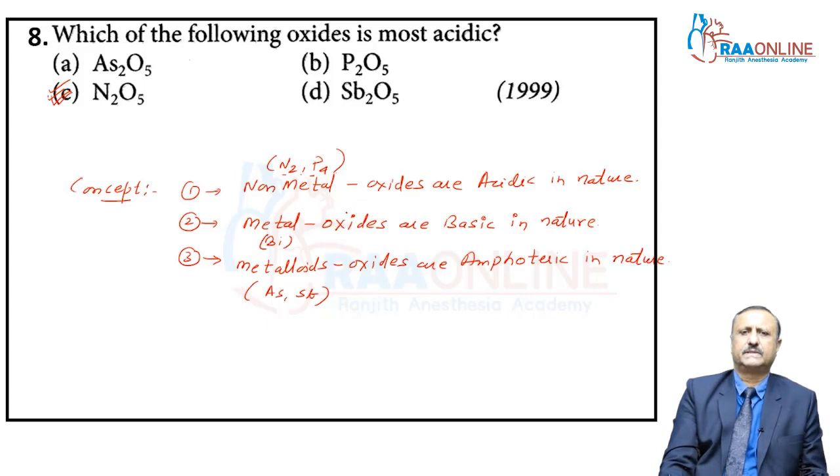When we see the metalloid oxides, arsenic and antimony, both metalloid oxides are amphoteric in nature. So this is the concept, my dear students.